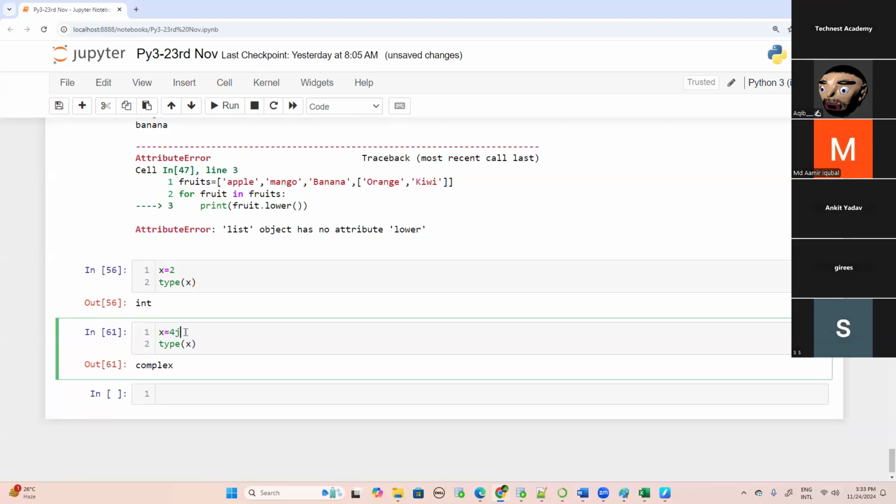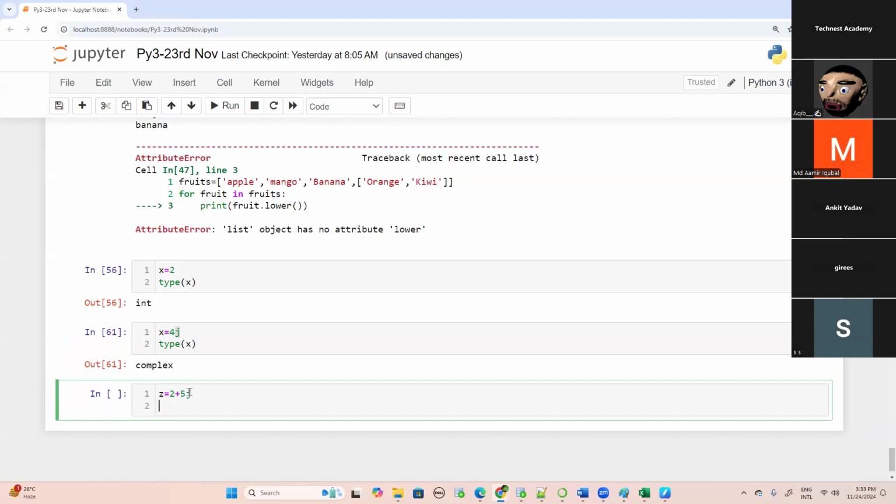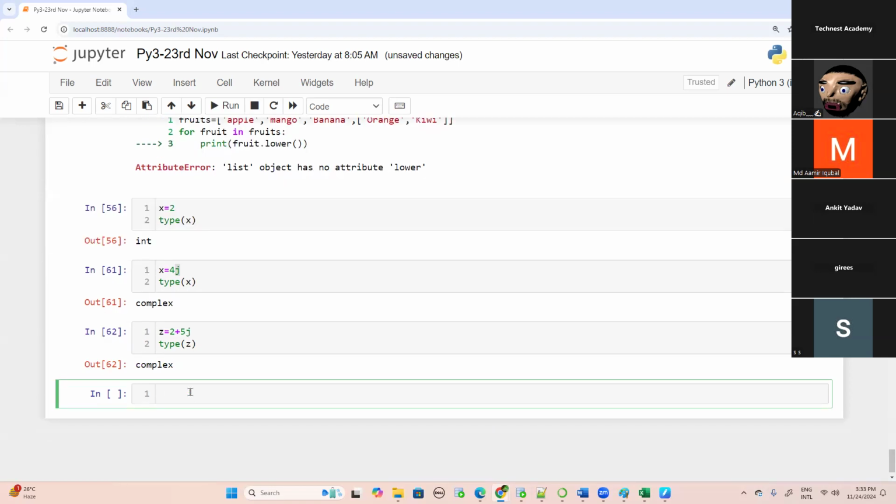In mathematics it is i, but in the world of Python, it is considered as j. Now it is showing you this is a complex number. Let's say you have a variable Z equals 2 plus 5j. Now try to find the type of Z. This is a complex number.